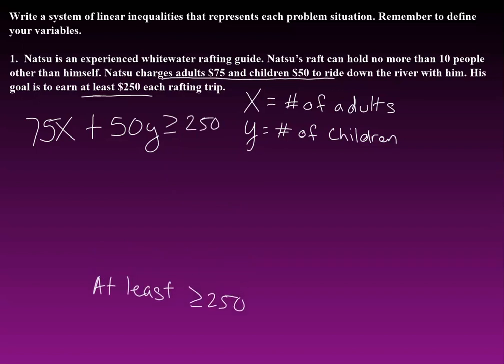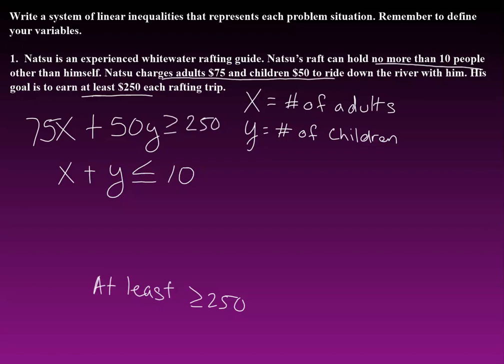The second thing we're talking about is that the raft can hold no more than 10 people. If we want to figure out how many people are on the raft, we add up how many adults with how many children, and that's how many people are on the raft. It says that we can have no more than 10 people, so that means it can be less than or equal to 10.